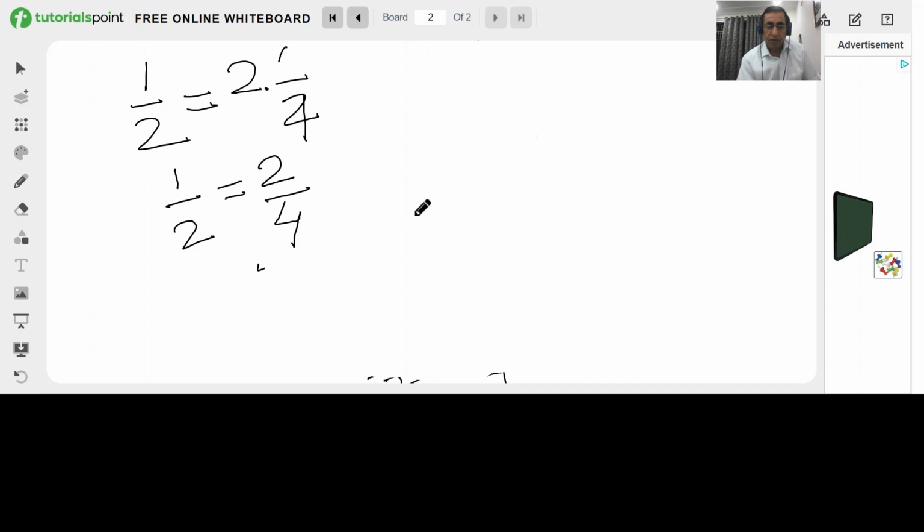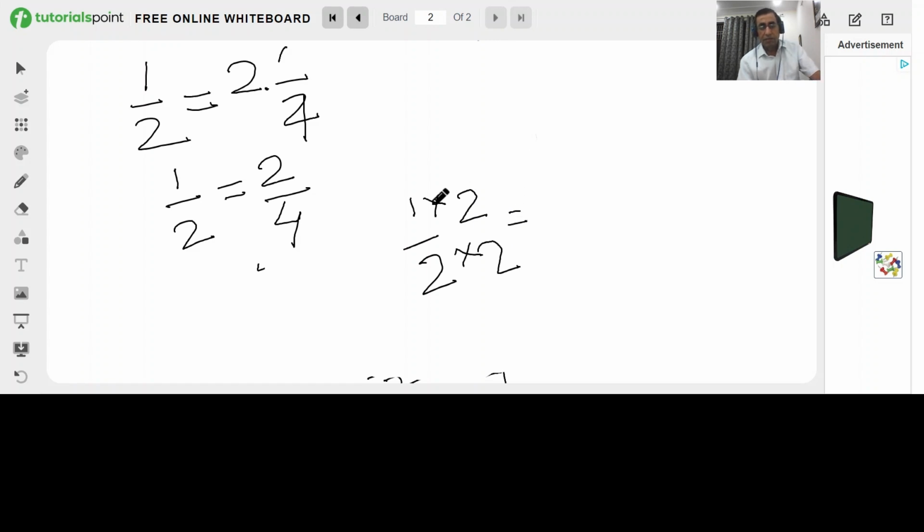If we are going to change 1 by 2, we multiply the numerator, and that was the concept: 1 by 2 is equal to 2 by 4.